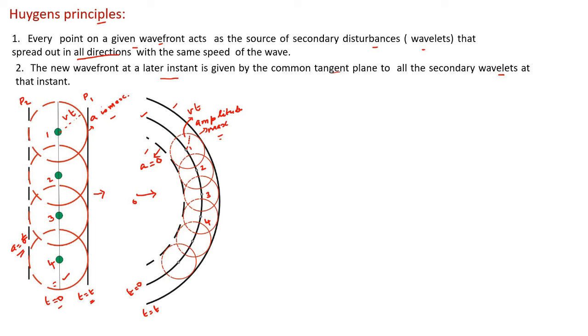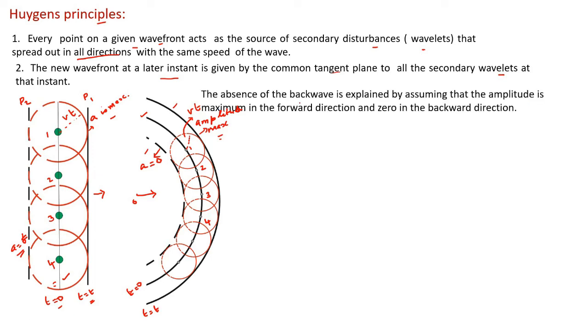That is why the back wave is absent. Okay, you see here, the absence of back wave is explained by assuming that the amplitude is maximum in the forward direction and 0 in the backward direction. Huygens was not able to give a very convincing explanation for this, but later on explanations were given using very high mathematical concepts.